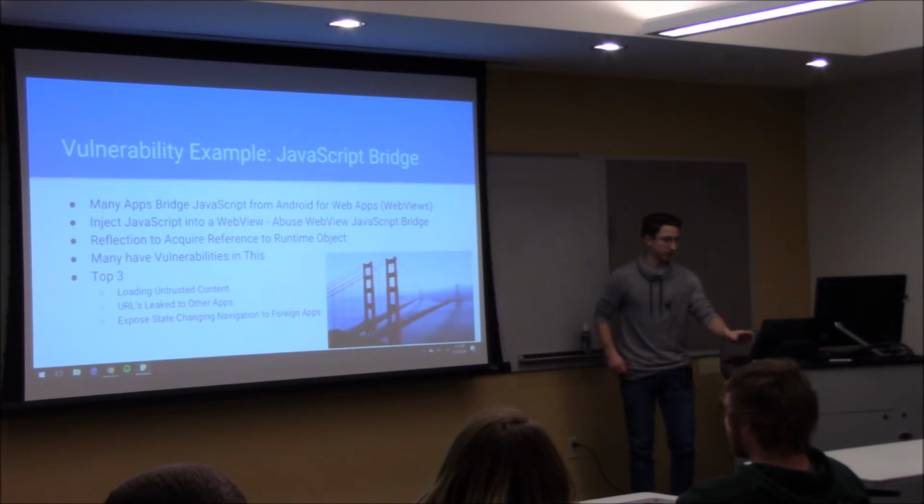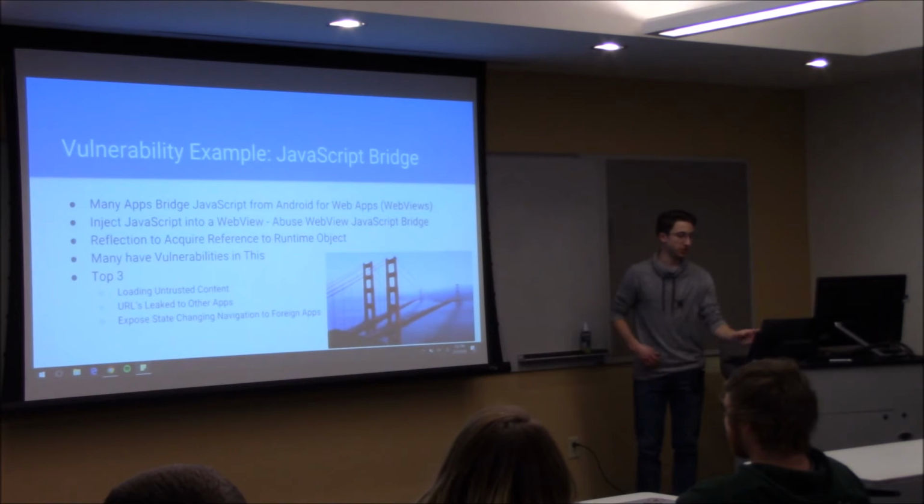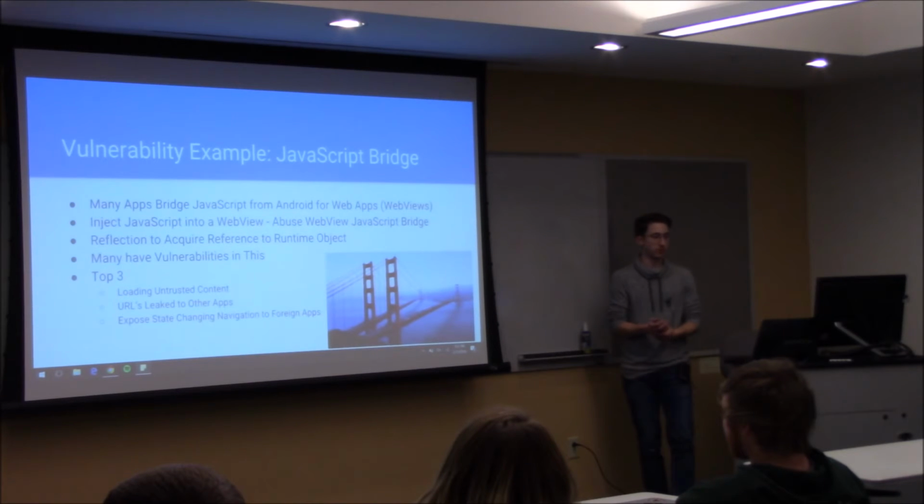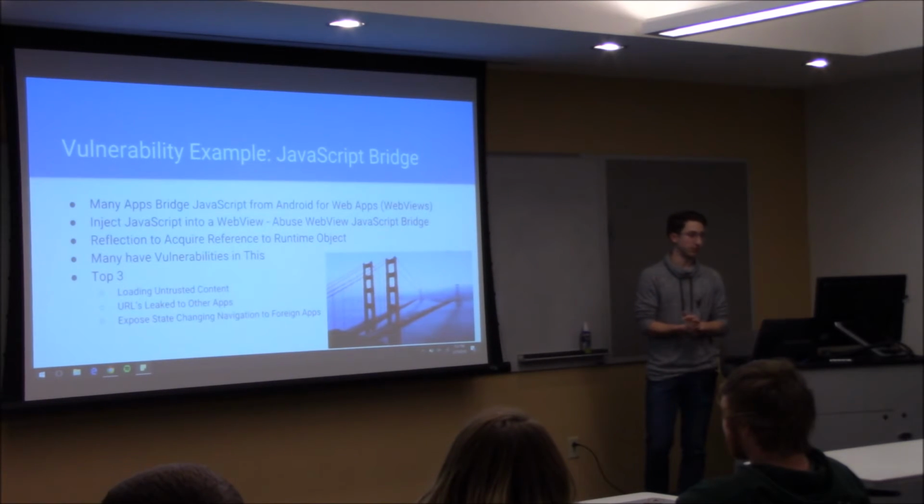Another one is the bridge to JavaScript for the web view in Android. The problem with this is that they can inject JavaScript into a web view, which means it could be doing certain things that it shouldn't be able to.